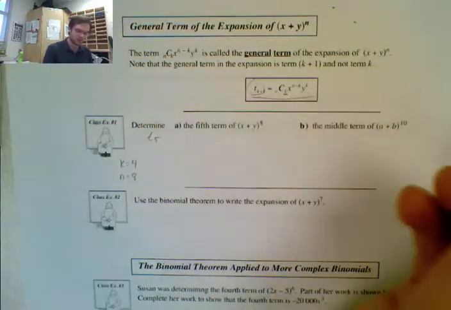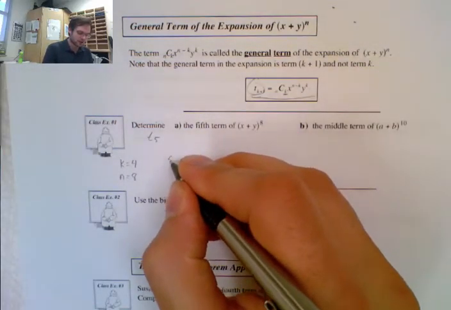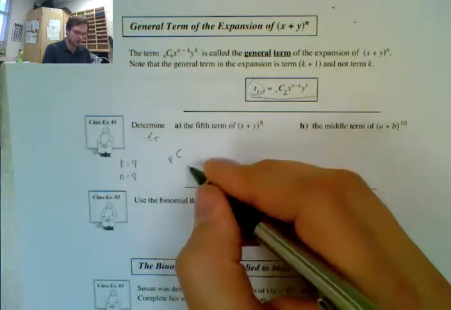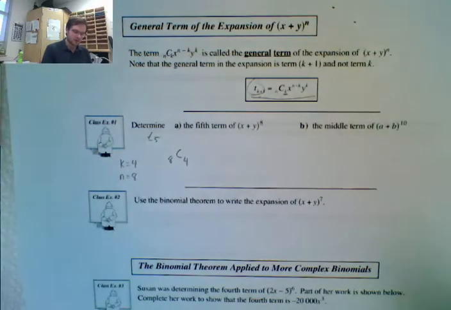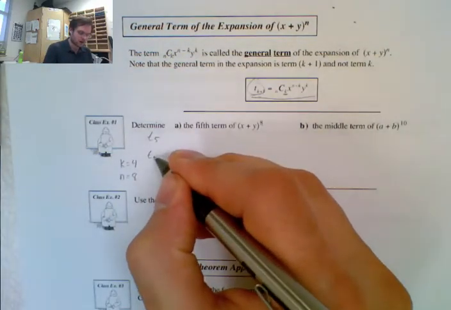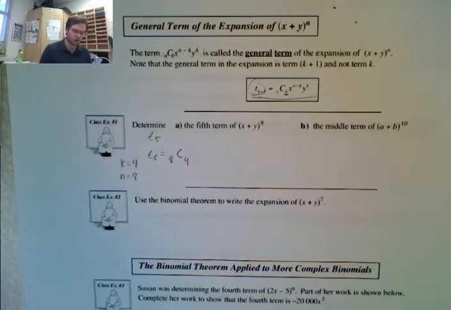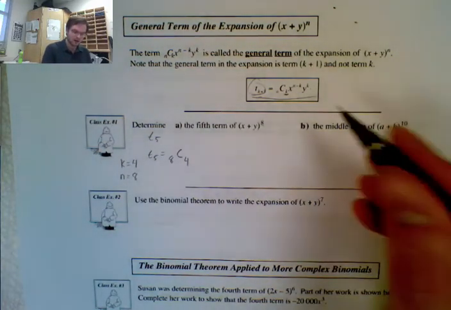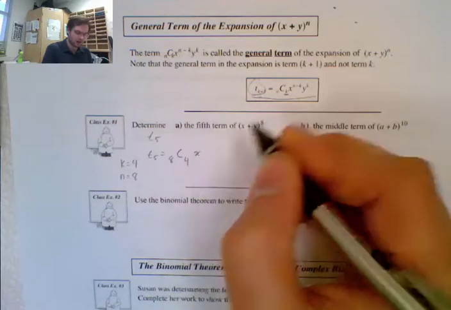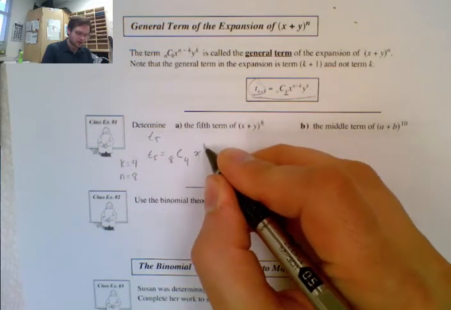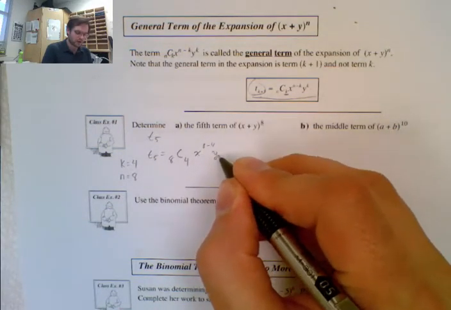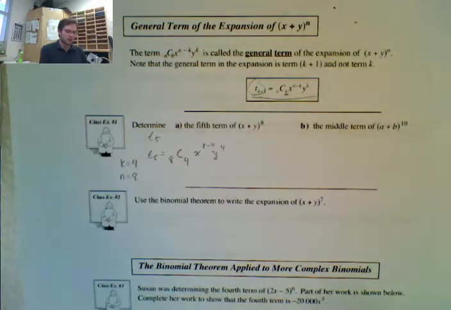It is going to be 8 combination 4. So T5 is equal to 8 combination 4, and then x to the power of 8 subtract 4, y to the power of 4. So 8 combination 4, I can put that into my calculator.